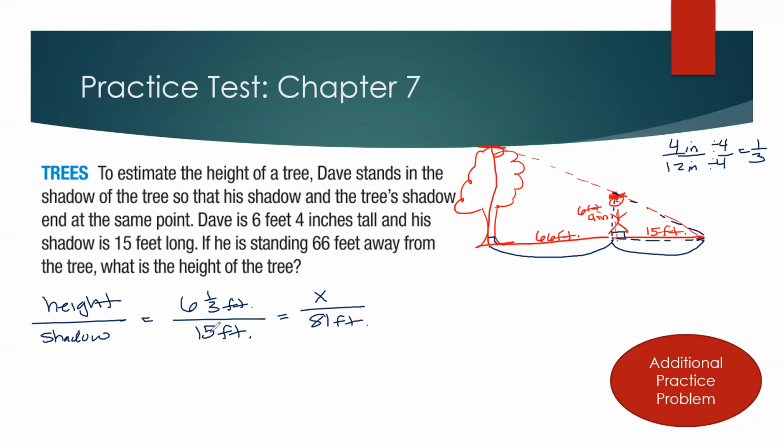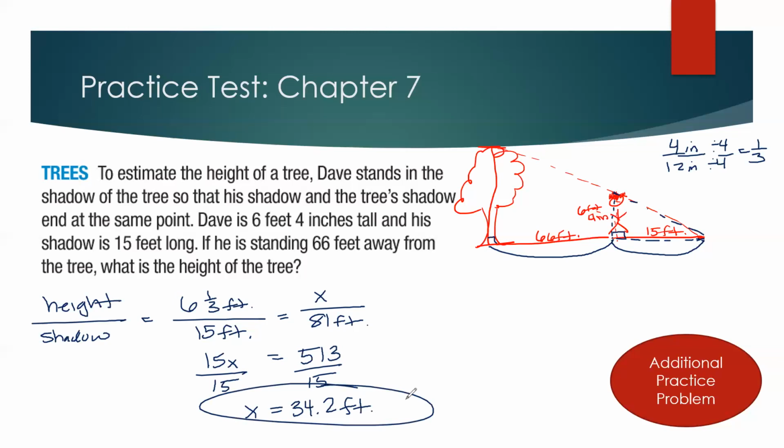So we're going to cross multiply. 15 times x is 15x, and 6 1/3 times 81 ends up being exactly 513, okay? So now we've got a one-step equation. We would divide both sides by 15, and x is equal to 34 2/10 feet, okay? That is our final answer there.